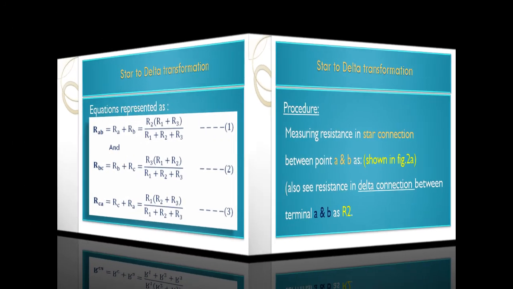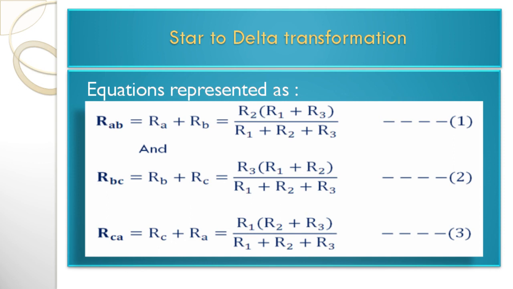Star to delta transformation equations are represented as equation 1, equation 2 and equation 3. These all three equations we already studied in previous slides. Now in star to delta transformation we are referring to the same.